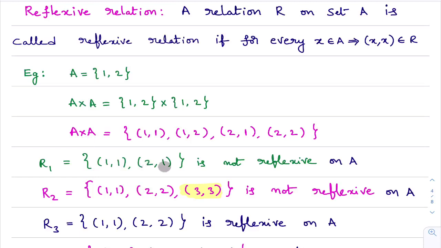Yes. Is the ordered pair 2, 1 there in A cross A? Yes. Is this relation a subset of A cross A? Yes. All the elements present in this set are present in A cross A. Therefore, this is a subset of A cross A. So, this is a relation on set A. If this is not a subset of A cross A, then this is not a relation.